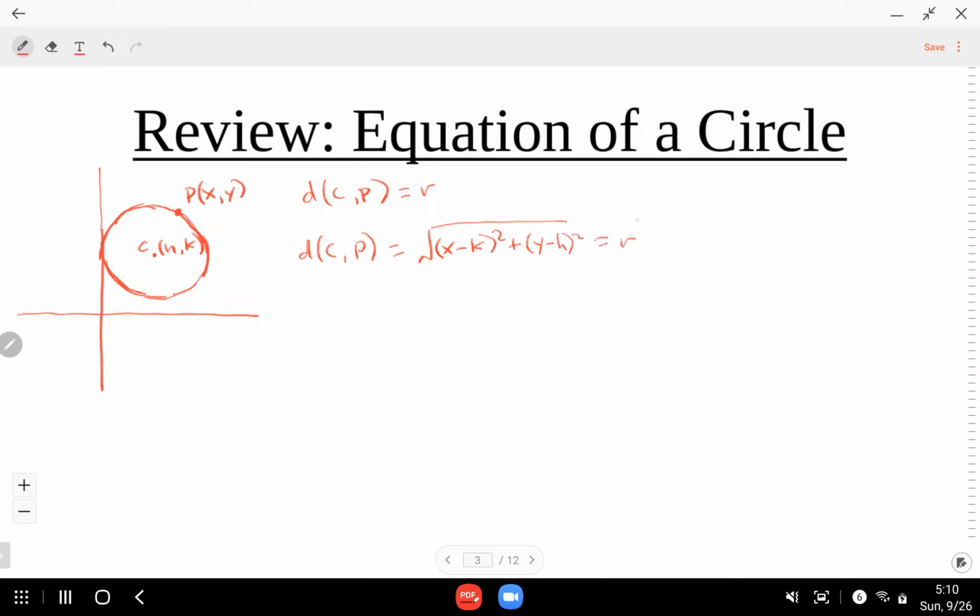And we don't like square roots, so we're going to get rid of that and just have x minus k squared plus y minus h squared equals r squared. All right, so that is our equation of the circle.